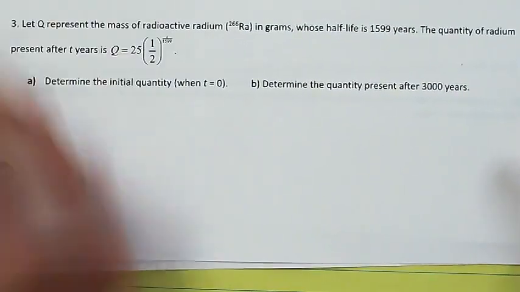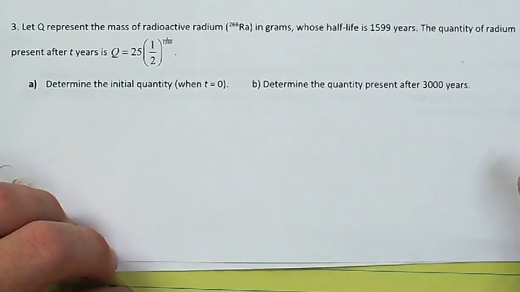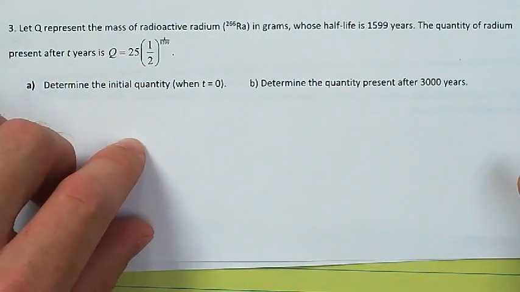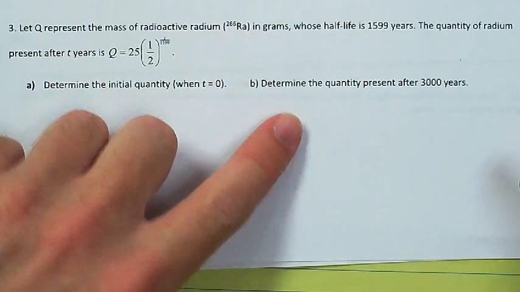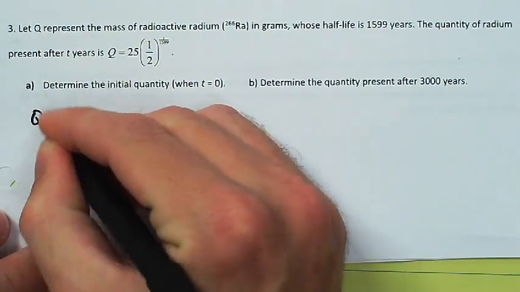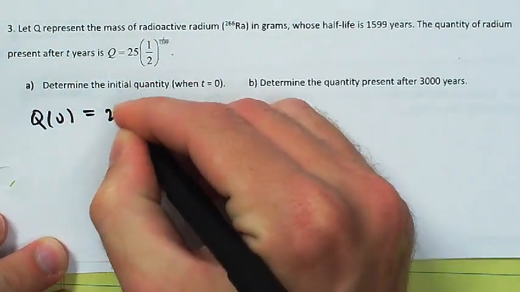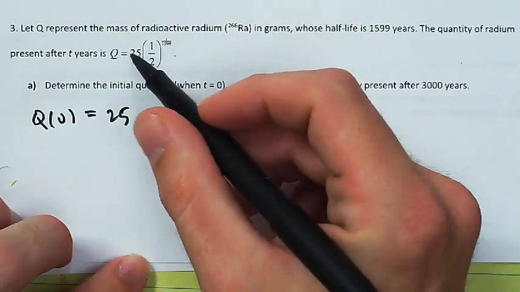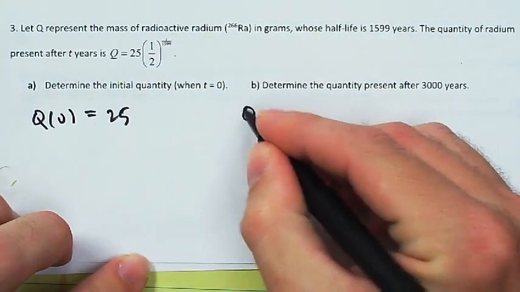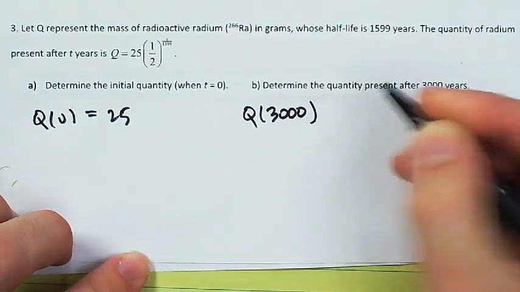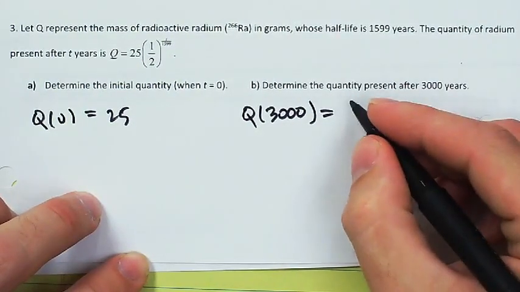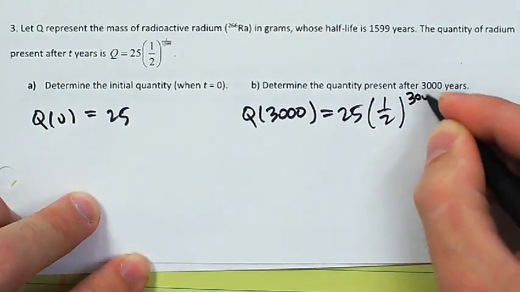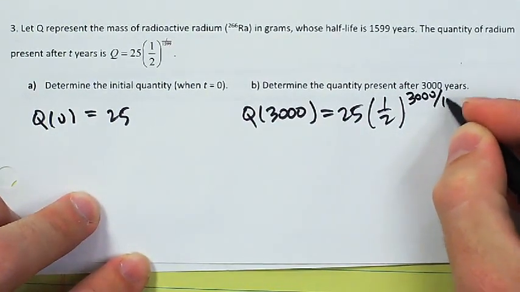Then let Q represent the mass of radioactive radium in grams. We've got a half-life, and they just gave us the formula. So initial quantity, after 3,000. Okay. Q of 0 is going to equal 25 for reasons that we saw in 1a. If we plug in T equals 0, we'll just be taking 25 times 1. After 3,000 years, I'm going to have 25 times 1/2 to the 3,000 over 1,599.